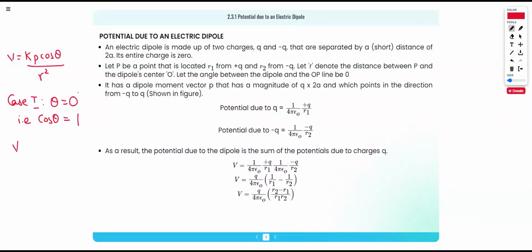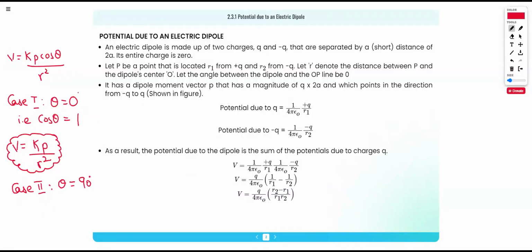That means our V will be equal to K p over r square. Yes, Badal, your answer was right. Very good. Keep it up. Case 2, if theta is 90 degrees.